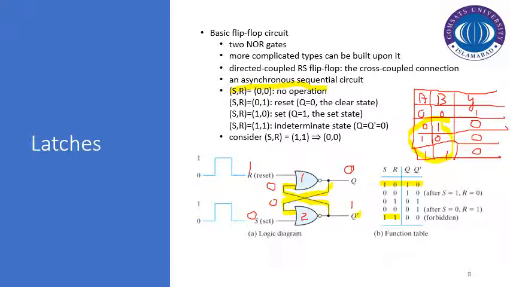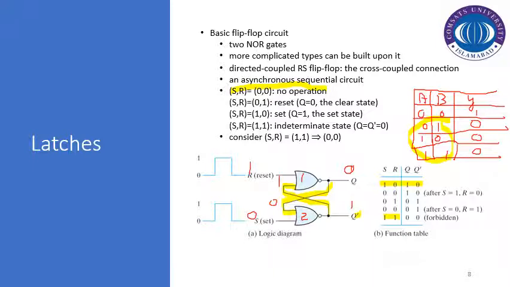So in order to ensure that Q should remain at 0, we can cross-check that this one is fed back here instead of this 0. So the output of the first NOR gate still remains at 0.